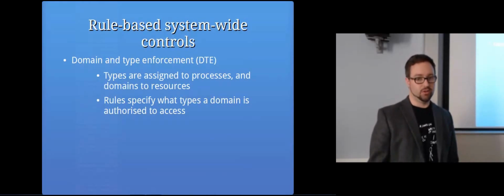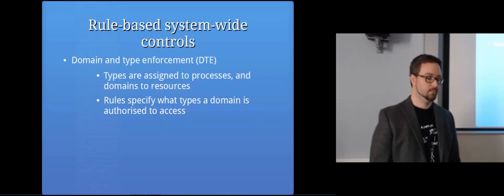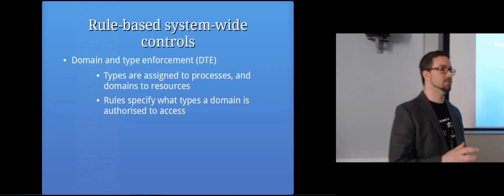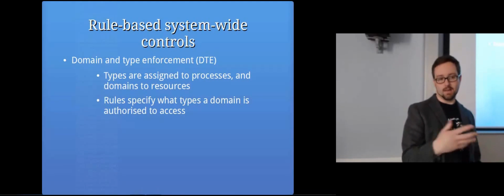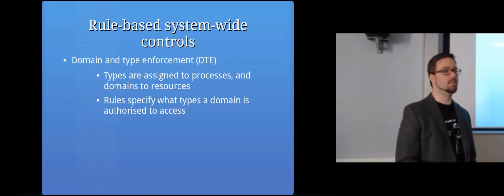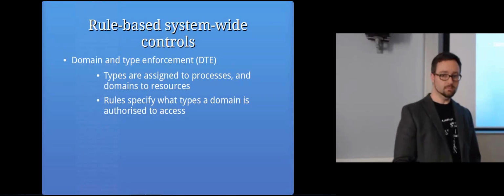Domain and type enforcement is a specific kind of access control, which allows you to say this program is of type whatever. So you might say the type might be Apache or web server.